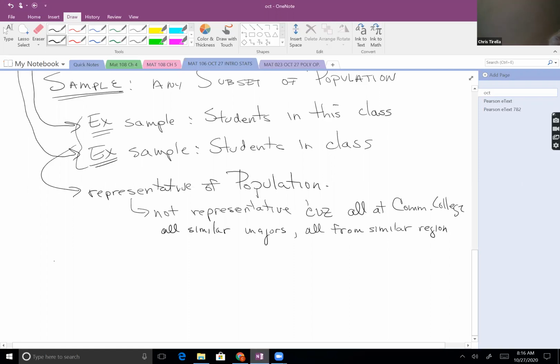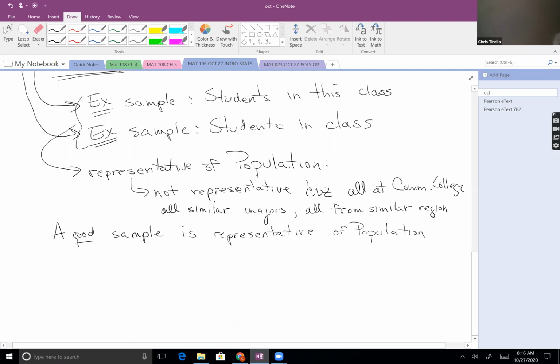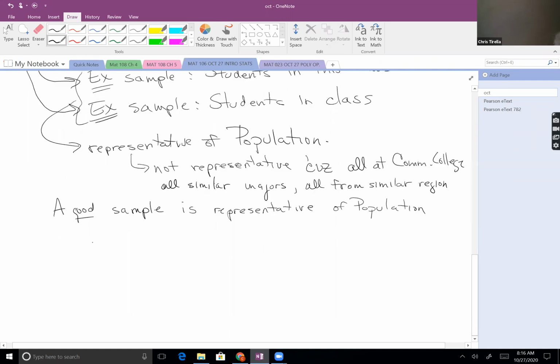And a good sample should be representative of the population. A good sample is frequently looked at also as being a random sample. And in a random sample, each member of the population has an equal chance of being selected.